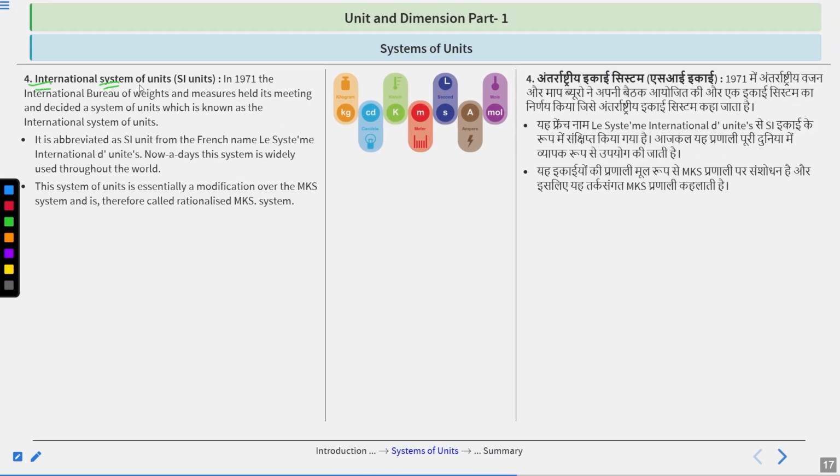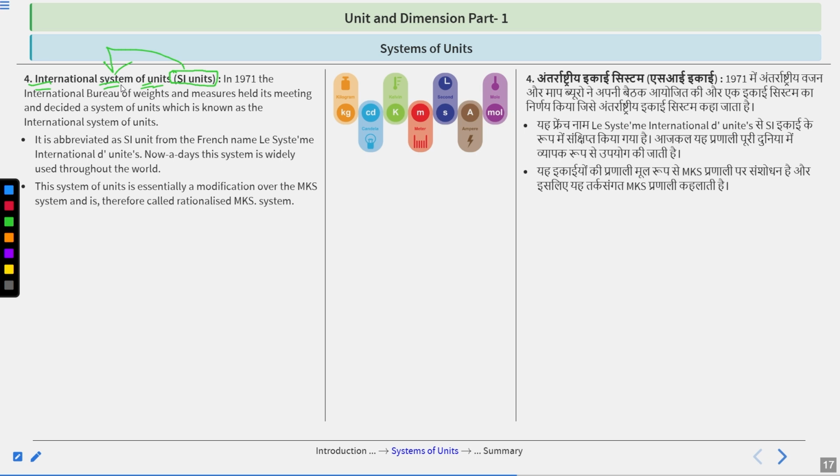Now the international system of units, that is famously known as the SI units. So whenever you see the SI units, always remember that we are talking about the International System of Units. In 1971, the International Bureau of Weights and Measures held its meeting and decided a system of units which is known as the International System of Units.